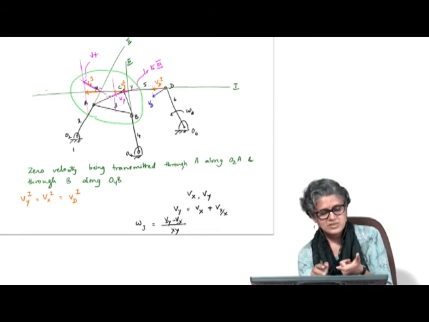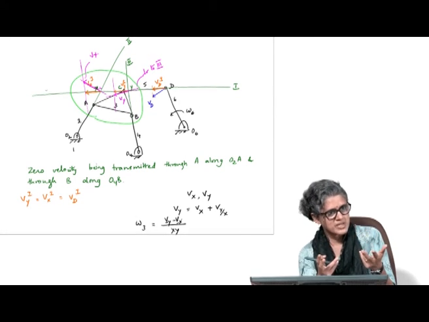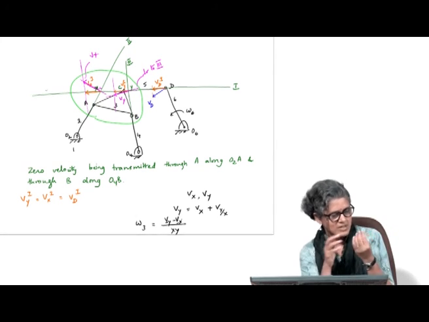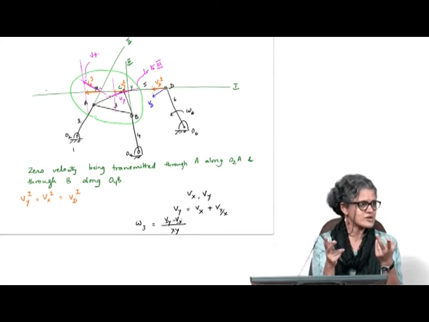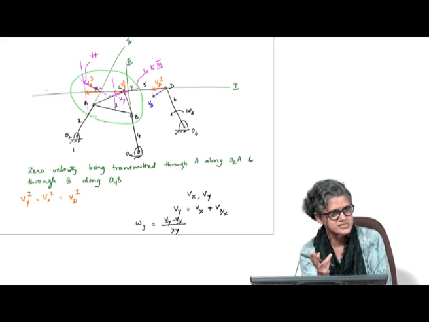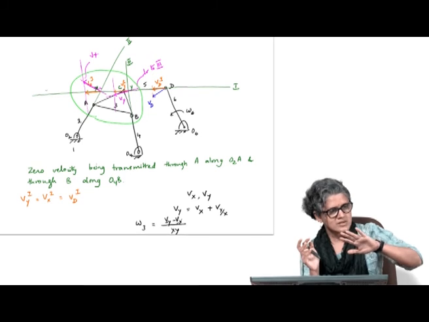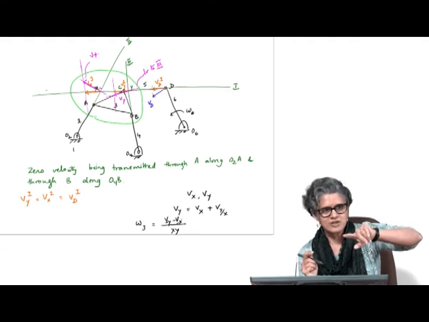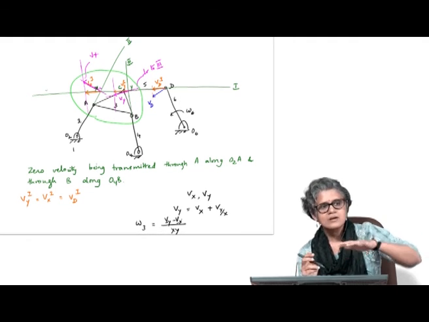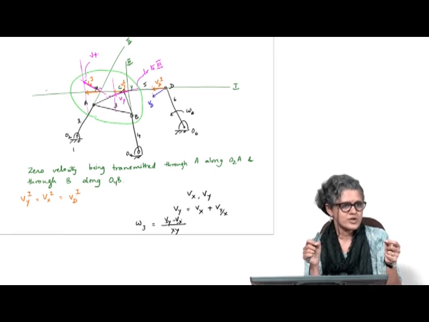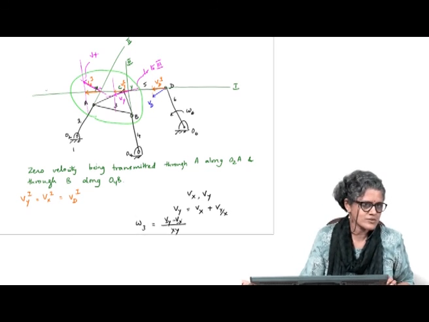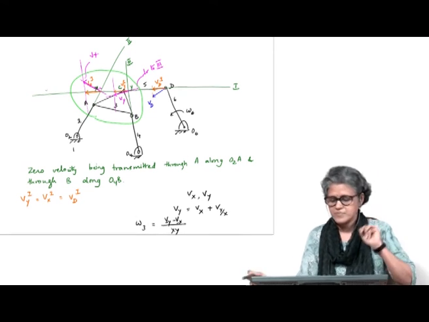This method gives you more information, because you're actually solving for 4 quantities, the x and y components of the velocities of 2 points, whereas degrees of freedom wise I only need 3: the velocity of 1 point and the angular velocity of the link. The method gives you the velocities of 2 points, from which you can determine the angular velocity and hence the velocity of any other point. Okay, all right.